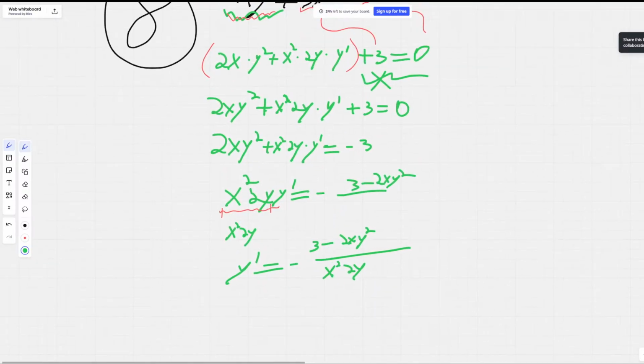Now, as for my notebook, I stopped midway up here. 2x y squared plus x squared 2y y prime equals negative 3. x squared 2y y prime equals negative 3 minus 2xy squared, and then y prime equals negative 3 minus 2x y squared, over x squared 2y.